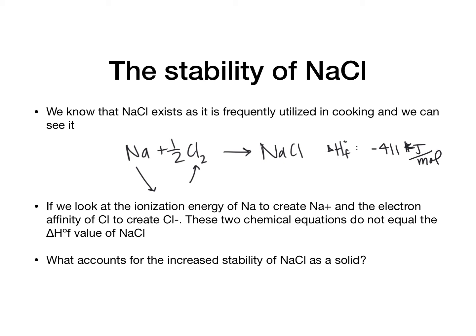What I'm saying is there's more than just the ionization and the electron affinity occurring. So what accounts for the increased stability of sodium chloride? Because it's not just that sodium is easily ionized and chlorine has a high electron affinity. Those don't account for all of the delta H naught F of formation.